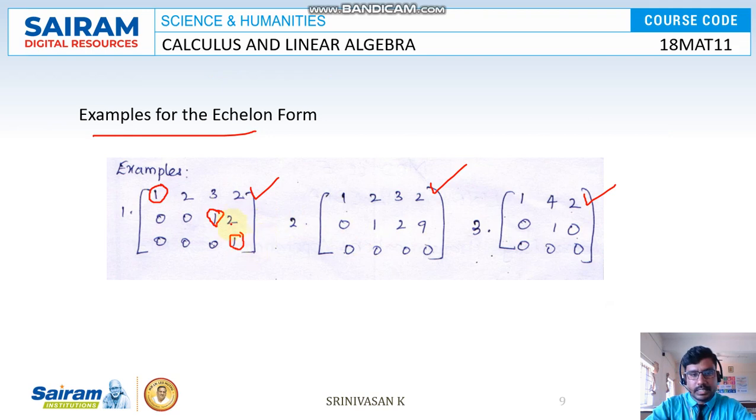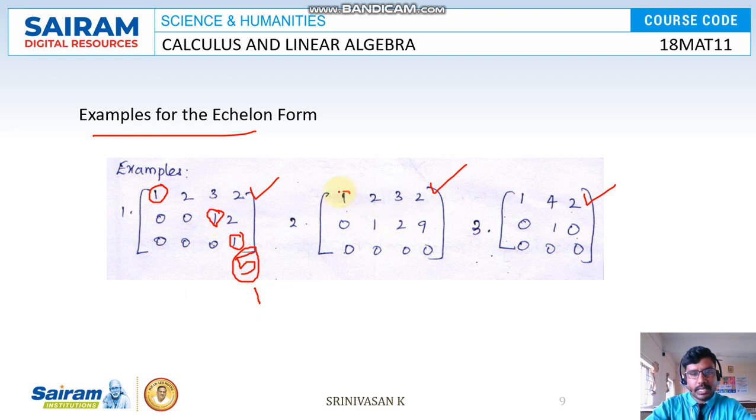So the condition is satisfied. In case you have 5 here, we have to convert that 5 to 1, then only the condition is satisfied. If it is 5, the second condition fails. After that we replace 5 with 1, so we get 1, and the condition is satisfied.